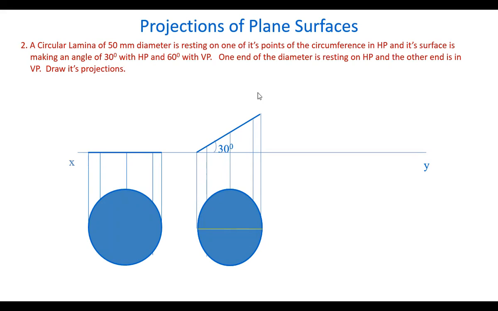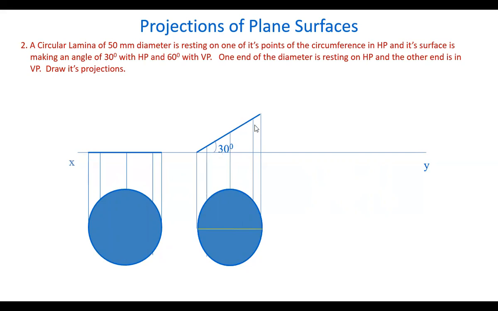Already we have seen in the previous examples in one video that if you take a line here, a plane perpendicular to this, then this angle will be automatically 60 degrees because this is 30.